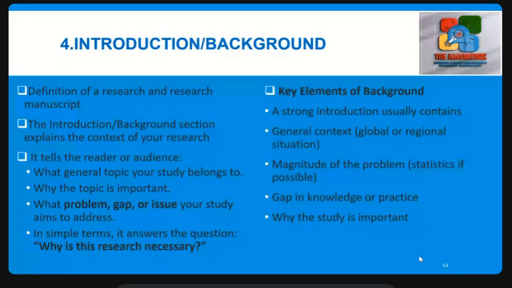The key elements of the background are the structured introduction, the general context in a global or regional situation, the magnitude of the problem using statistics if possible, the gap in knowledge or in practice, and why this study is important. So these are the key elements when writing any background of an abstract for scientific publication.